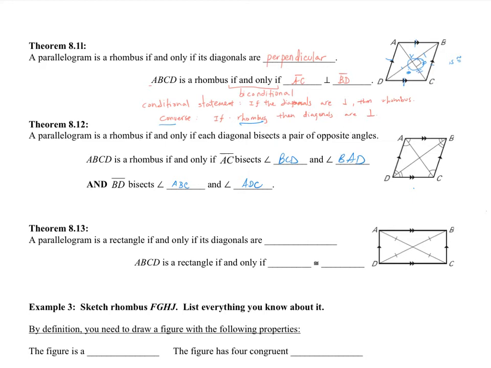So if AC bisects angle BCD and BD bisects angle ADC, then parallelogram ABCD is a rhombus.